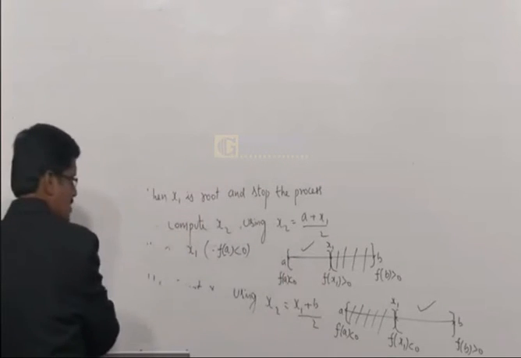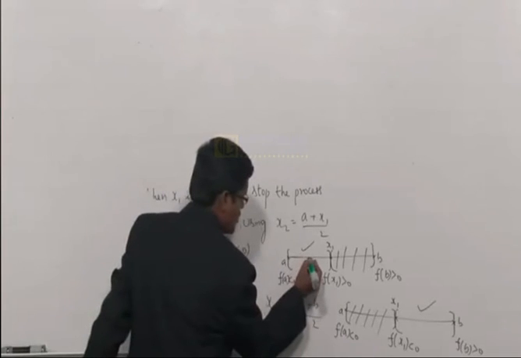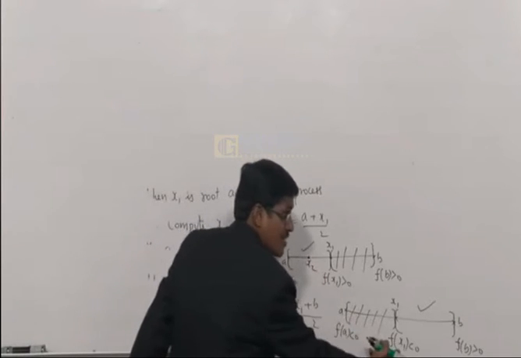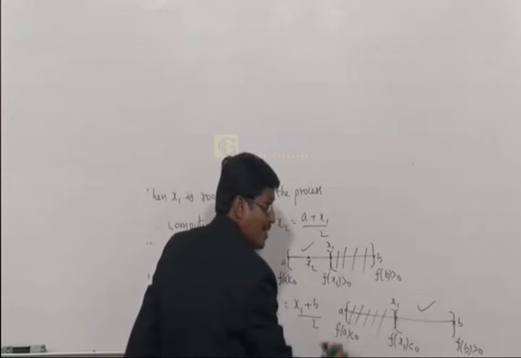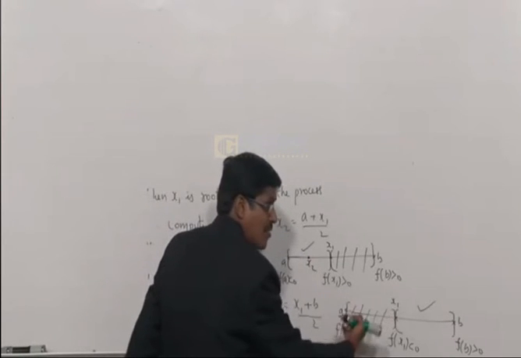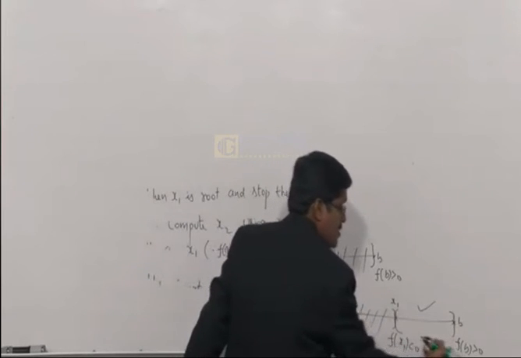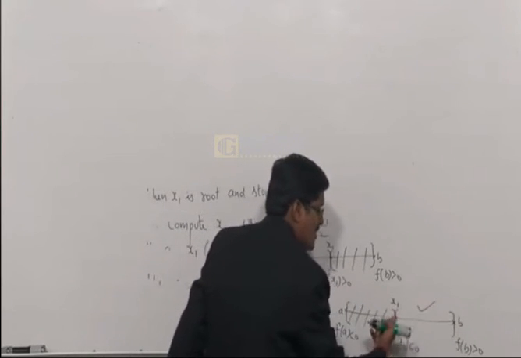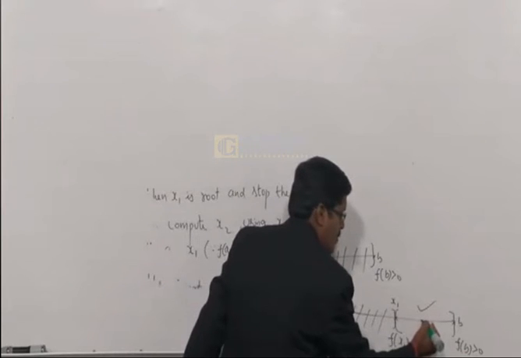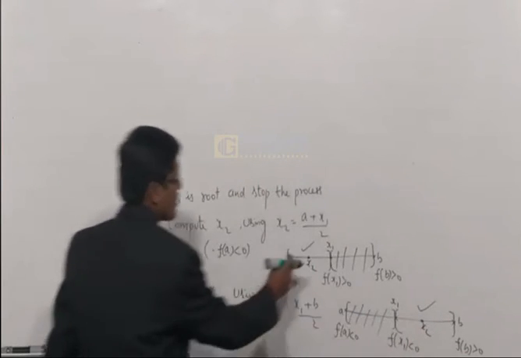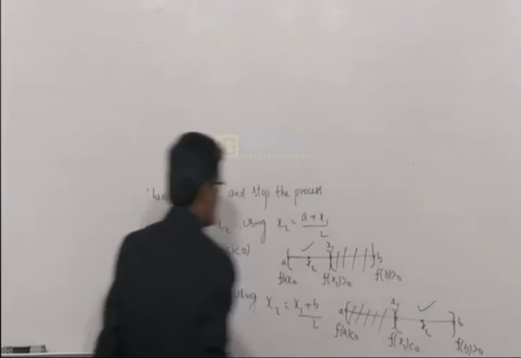In this case f(a) is less than 0 and f(x1) is less than 0, so this interval is excluded; the final answer does not lie in it. But here it is less than 0 and greater than 0, so your final answer lies between x1 and b. In the next step, your midpoint x2 is (x1 plus b) by 2. Plot x2 here, and here also.